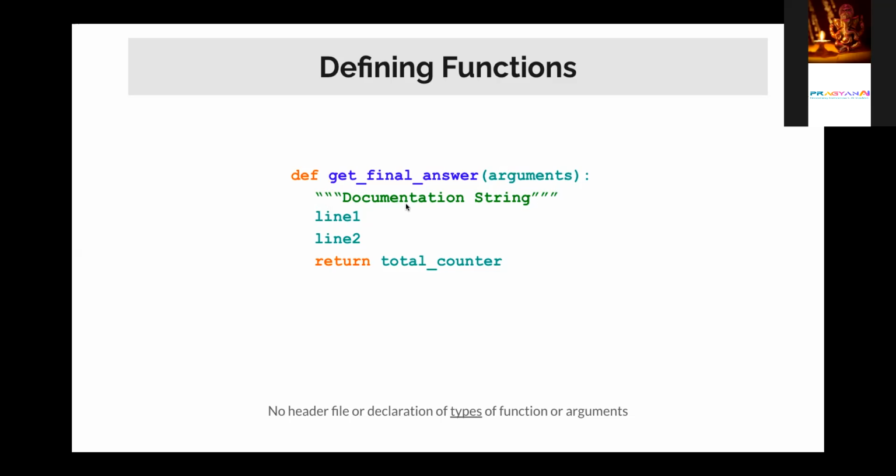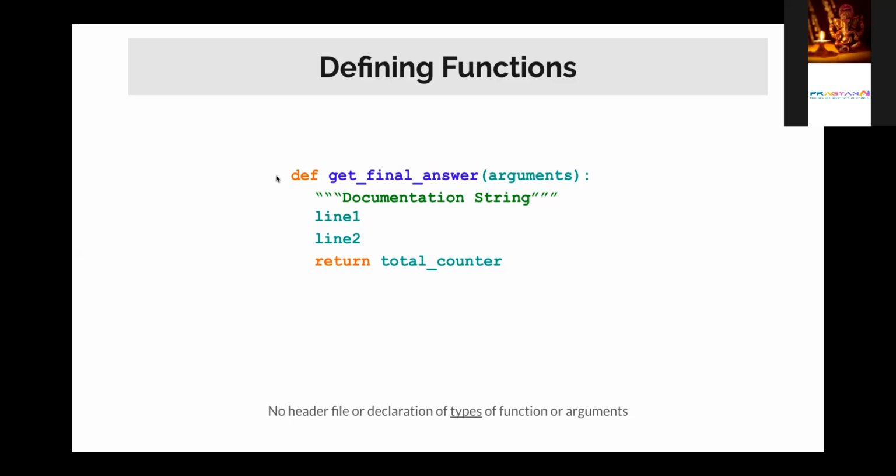Instead of commenting about the function above it, you can write within the function, so that you can access it. There is a method to access this comment programmatically. If you write it above, only a user reading the code can see it. This is optional. It is not part of the function syntax.